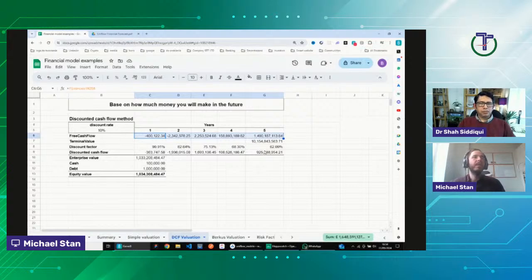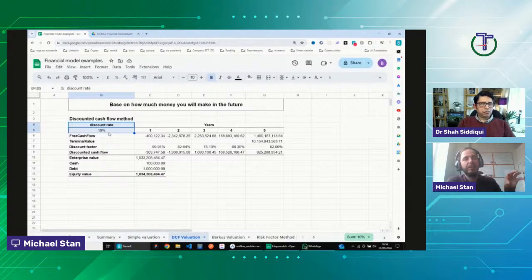That is a little bit more difficult, especially in terms of building a discount rate, because it's based on a lot of different values that I'm not going to go deeply into. But judging the discount rate is one of the most difficult parts in building the discounted cash flow method.